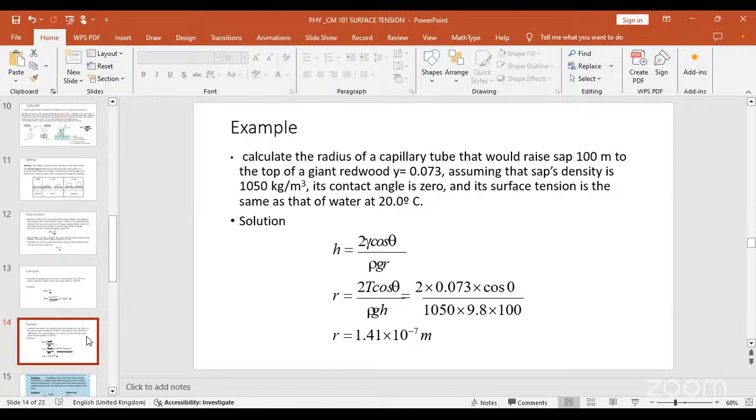Now the angle is given, the height is given as 100 meter.